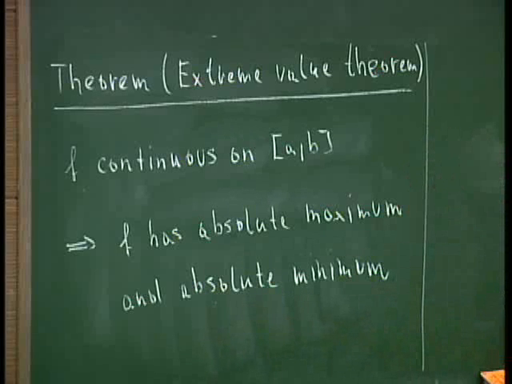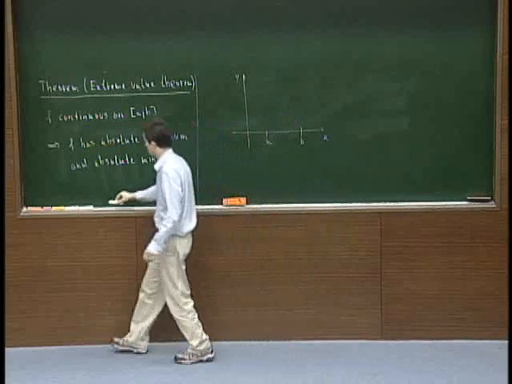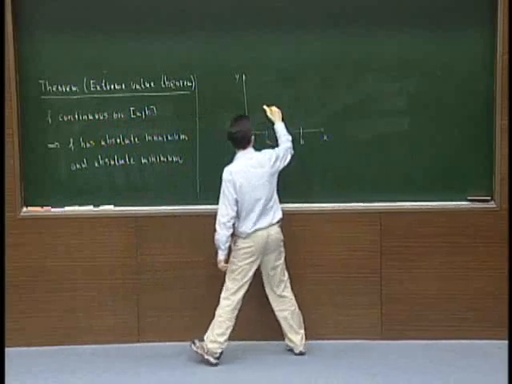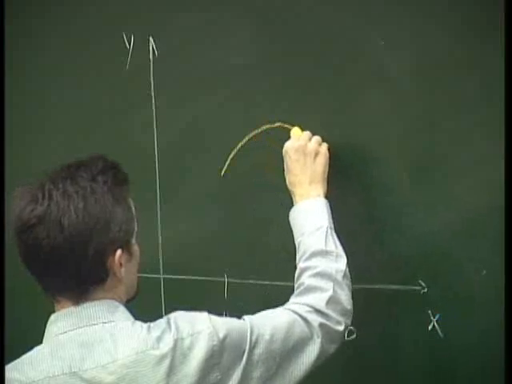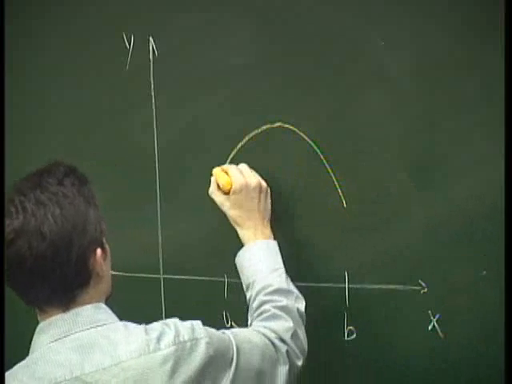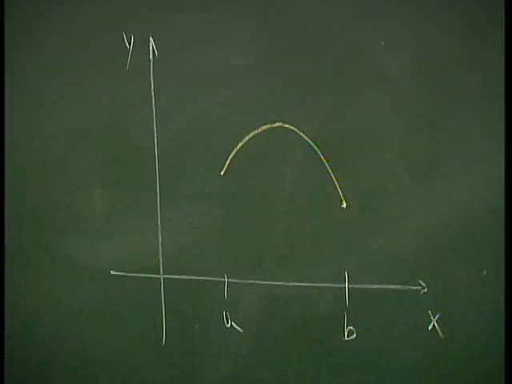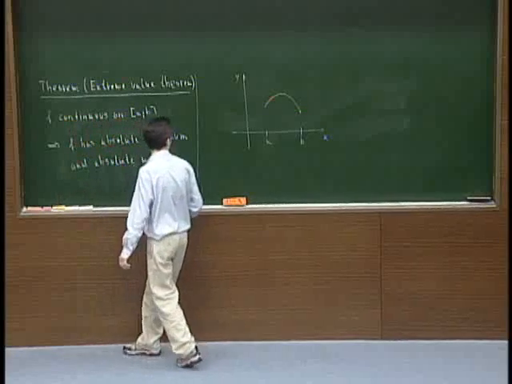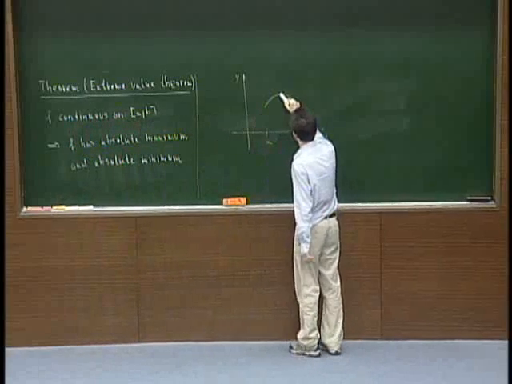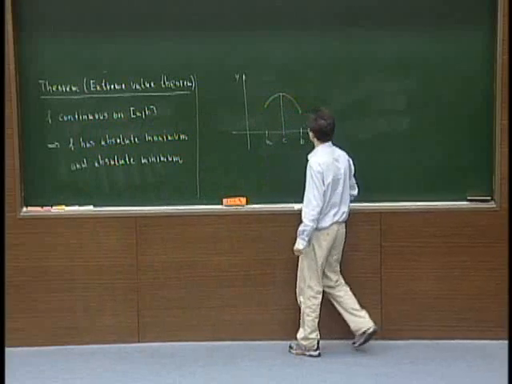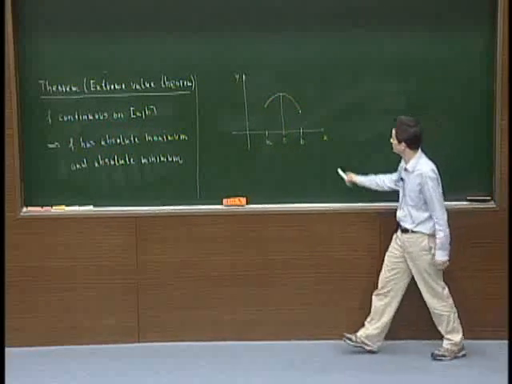So for instance, if this is our interval [a, b] and we look at the function, for instance this one, where those two endpoints are included, you see that you have the absolute maximum roughly at this point here, and you have the absolute minimum at the point b.